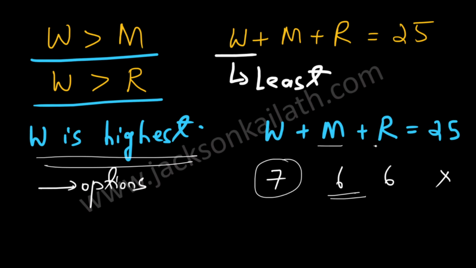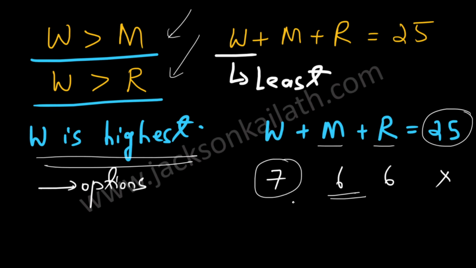I cannot give M and R any value which is 7 or greater, because that would violate these two conditions. So the greatest value for M and R is 6. Now 7 plus 6 plus 6 is 7 plus 12, which is 19, and that's not equal to 25. So option A is ruled out.